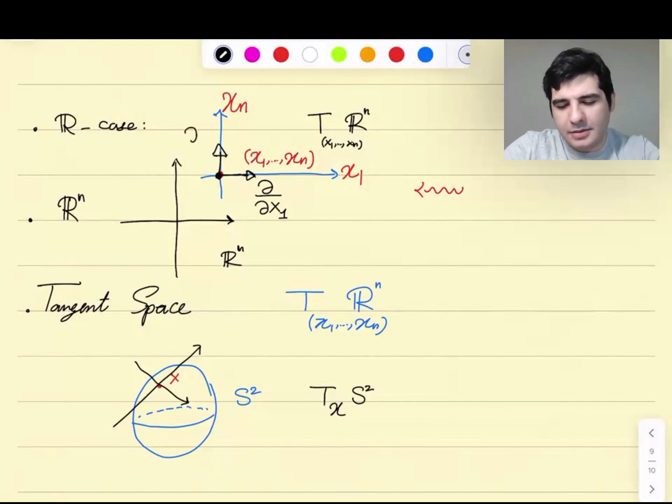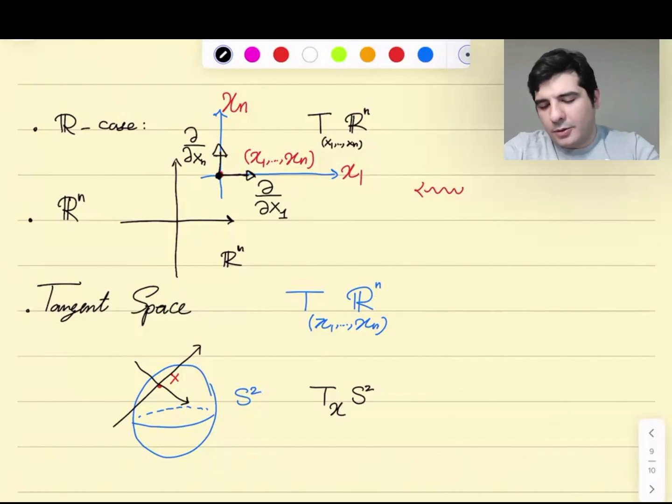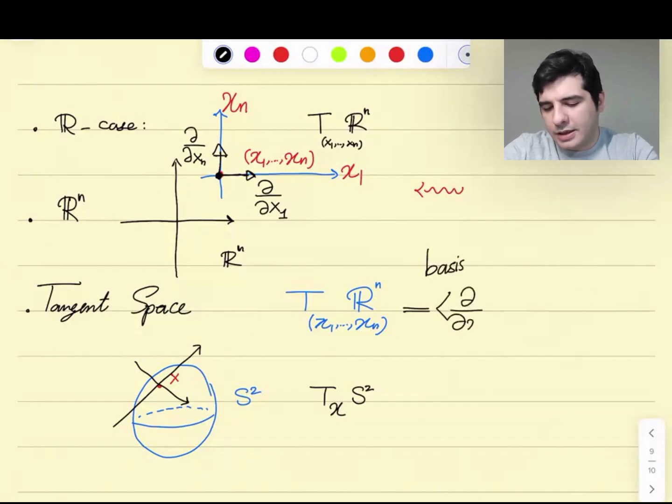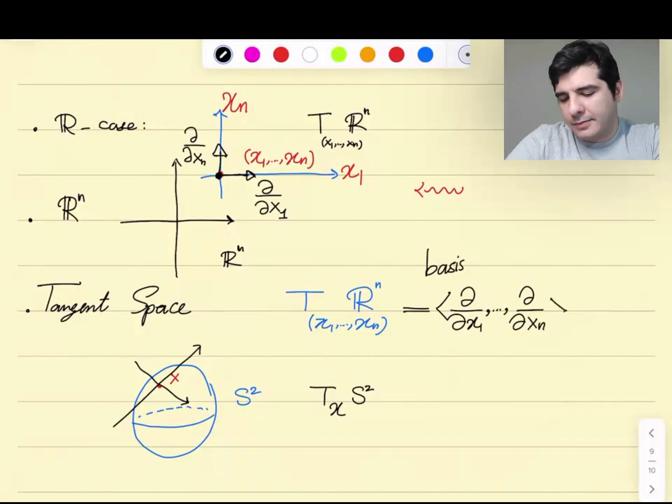So this is partial xn. So we have n orthonormal vectors, right? So this vector space has an orthonormal basis, which is partial x1, partial x2, up to partial xn. Okay, this is the basis for this space.